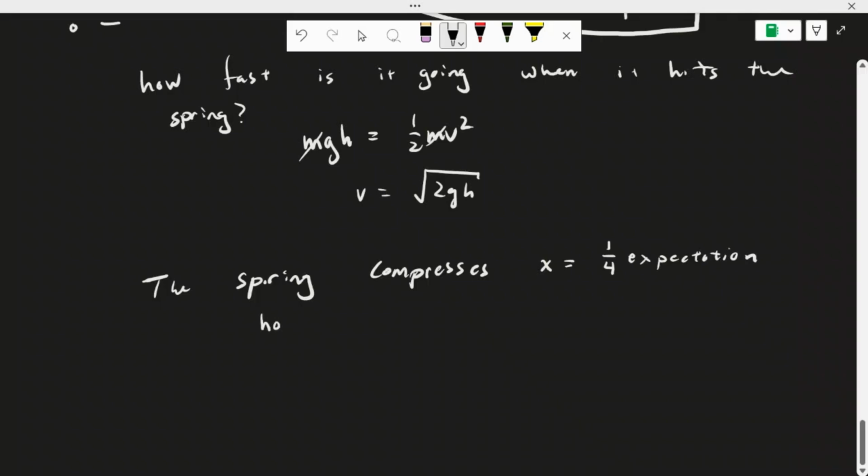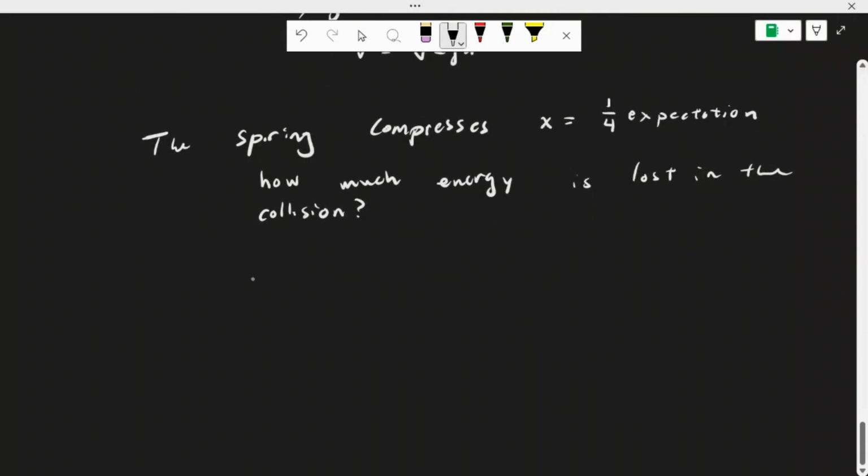How much energy is lost in the spring collision? Now our assumption is no longer correct that this is elastic. That would be our expectation. So now our system is not conserving energy. We know that we have mgh at the beginning, and this would equal 1/2 kx squared, right?